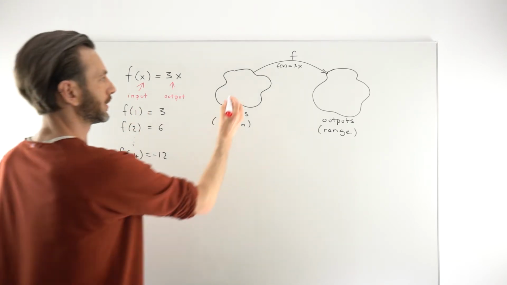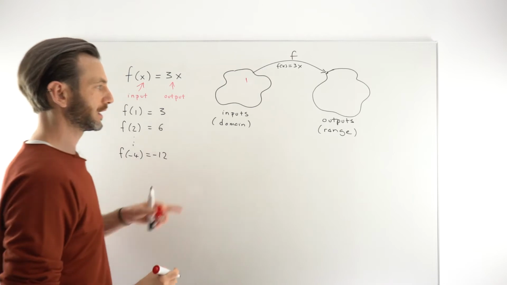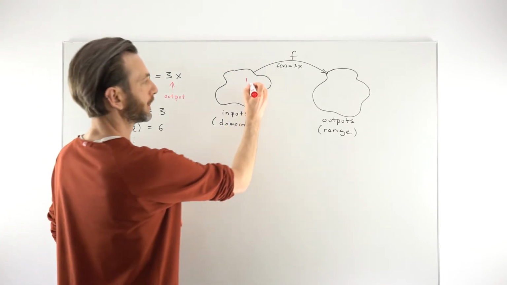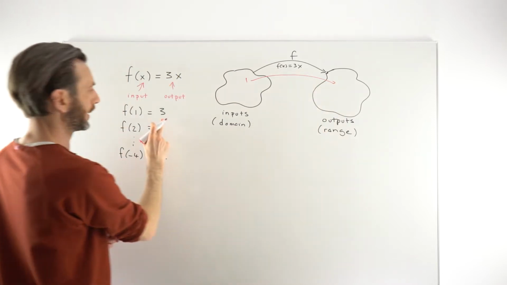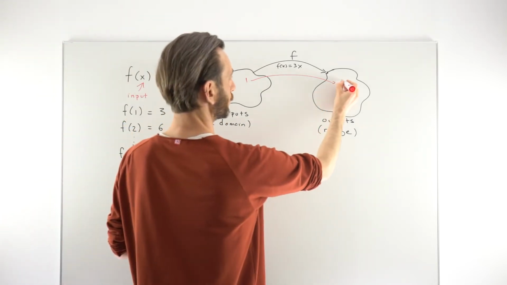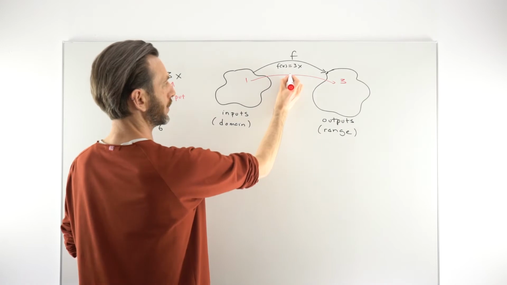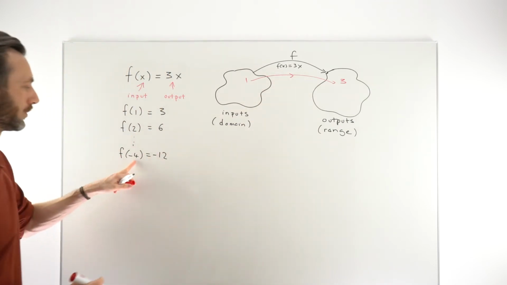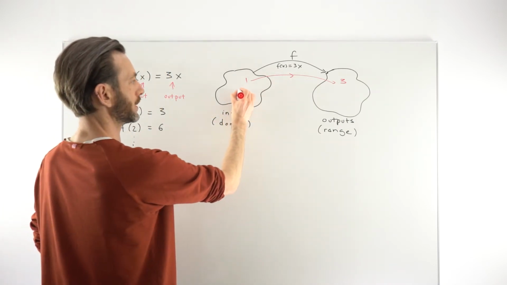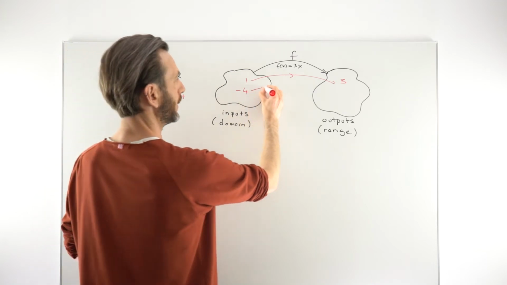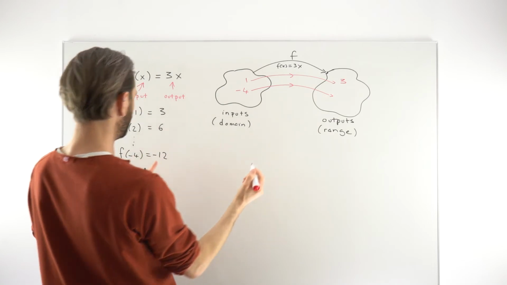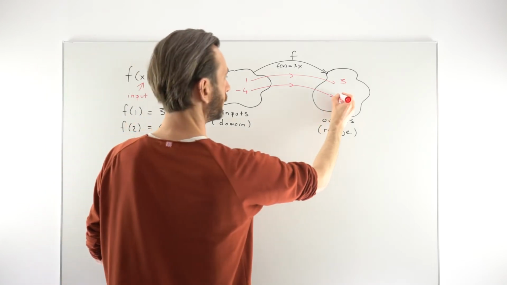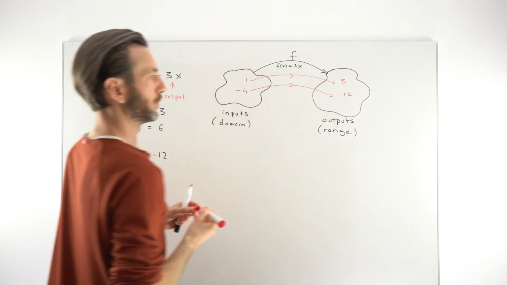We took the number 1, which was over here in the inputs, in the domain, and we ran that through the function, and then we got the output value for that, which was 3, over here in the range. And then we took minus 4, which was a number over here in the domain, and that went over there. We call this a mapping, by the way. It mapped over to negative 12 in the output values.